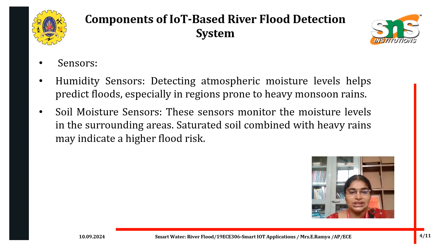Next one is the soil moisture sensor. This sensor monitors the moisture level in the surrounding area. Saturated soil combined with heavy rain may indicate a higher flood risk.